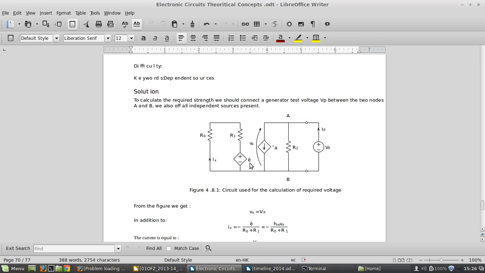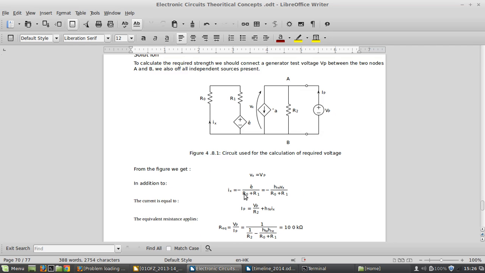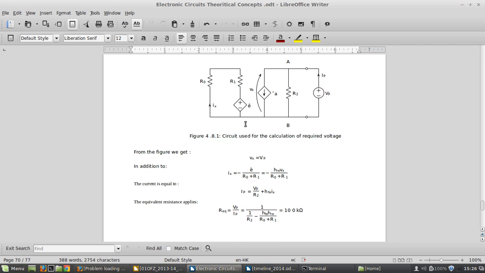Alright, this can also be done. You can also find immediately the Thevenin equivalent circuit, or a test voltage and test current is applied at the open terminal.